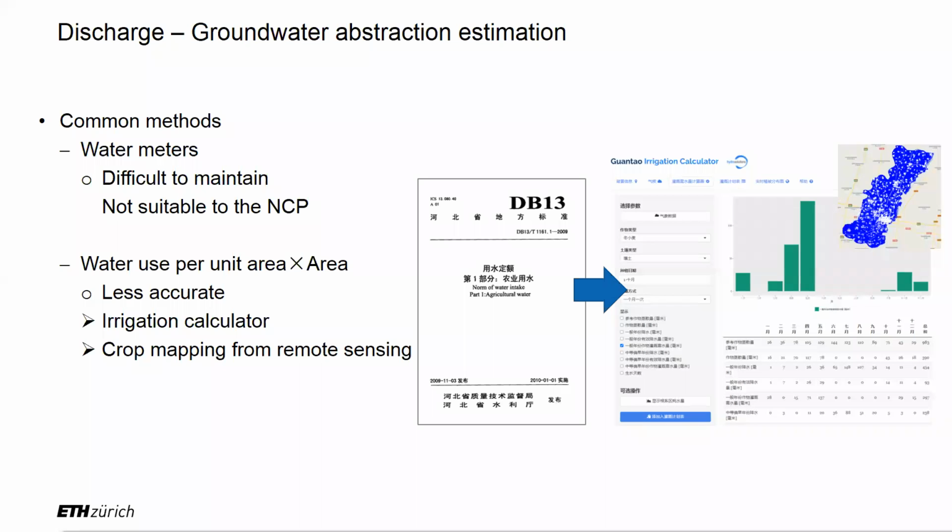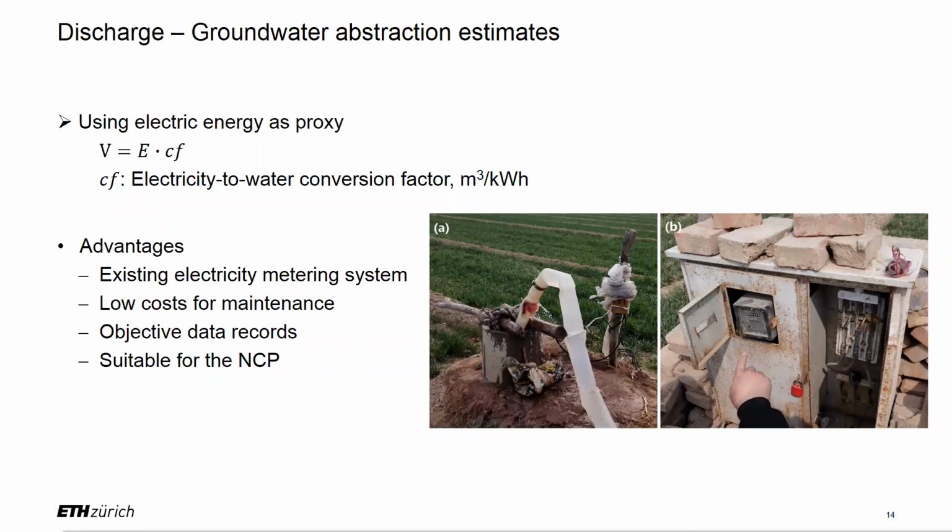So can we find a method that is easy to maintain and also provides accuracy? Yes, this is the monitoring method using electric energy as proxy, which has been explained in detail in yesterday's presentation. I will still introduce it briefly.